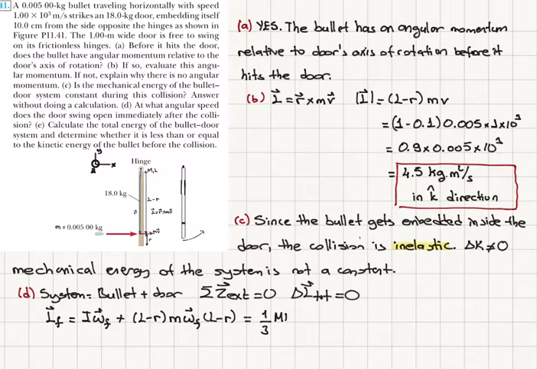We know this for a rod, so that's going to be 1/3 M, capital M, the mass of the door, L squared, multiplied with omega final, plus m L minus R squared omega final. So I can calculate this final angular momentum.